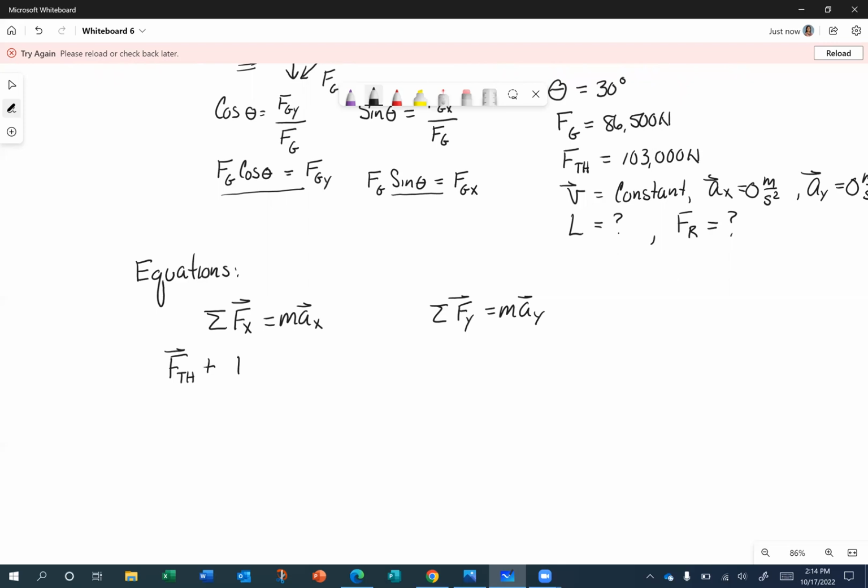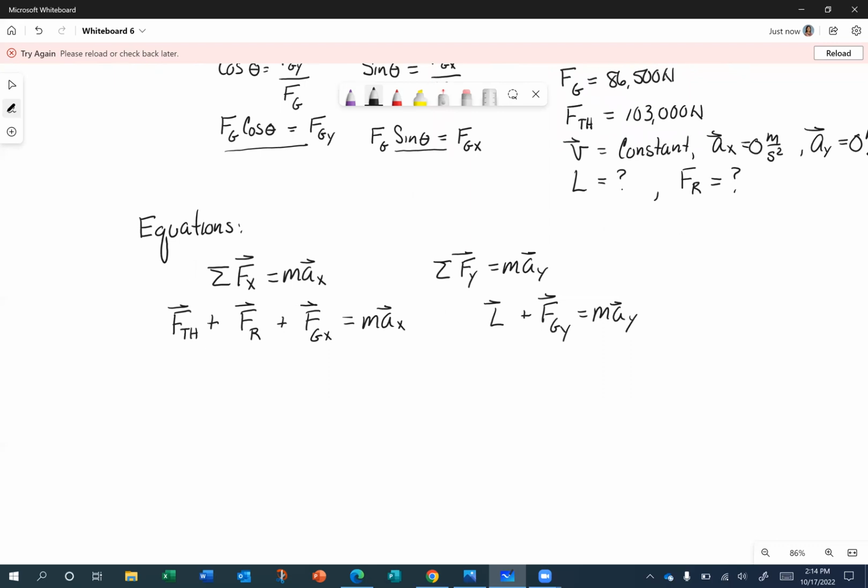Going to add to that the force of the air resistance plus the force of gravity in the x direction equals MAX. In the y direction, you simply have lift force plus force of gravity y is equal to MAY.